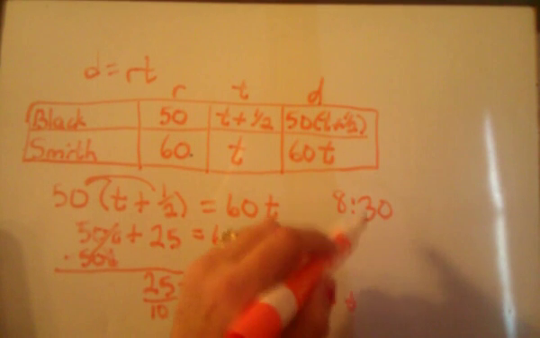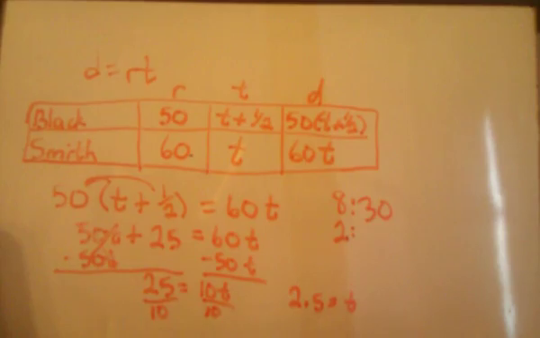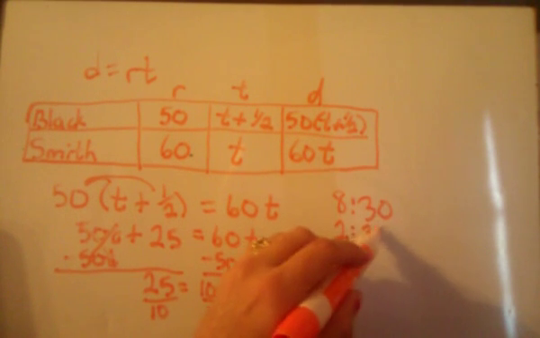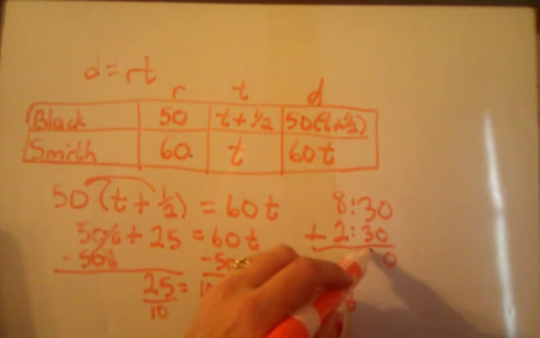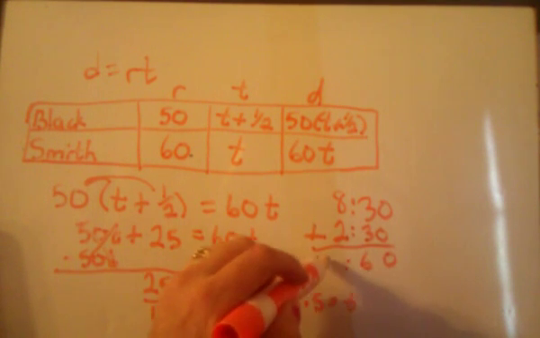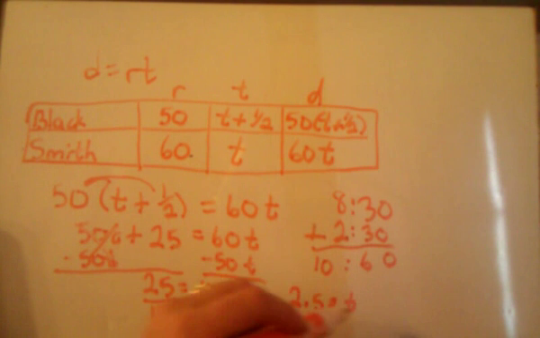It took 2.5 hours. So we have to add. What is half an hour? Half an hour is 30. So let's add this. 0, 3 plus 3 is 6, 8 plus 2 is 10. Now we can't have 10:60. 60 means it's another hour, right? So this means 11 o'clock.